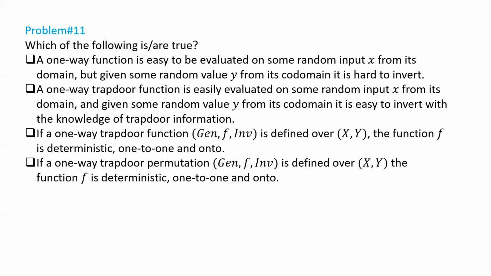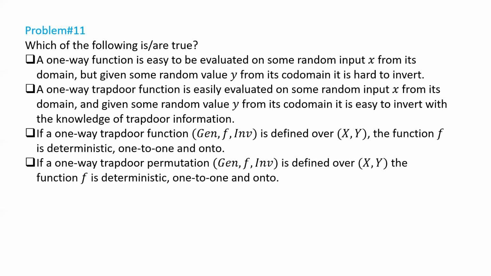Given x from the domain capital X, it is easy to compute the function f on input x. But seeing some random y from the codomain of the function, you cannot easily invert it to get back the corresponding x such that f of x equals y. That is the concept of security of a one-way function. So the first option is true.